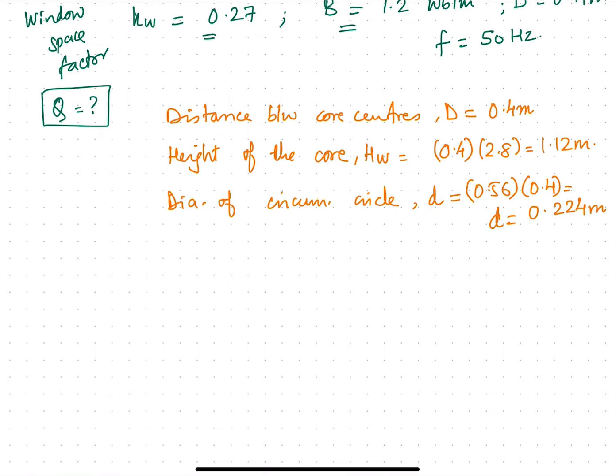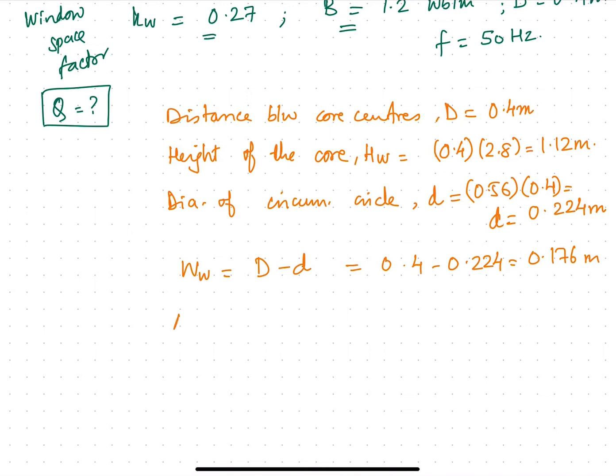Then we know that for single phase core type transformers, the width of the window is related to the two D's as follows. So when you substitute these values, you get 0.176 meter as the width of the window.